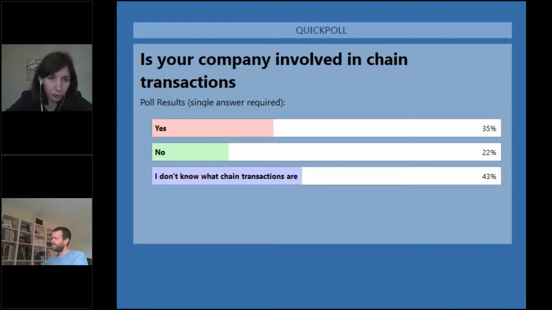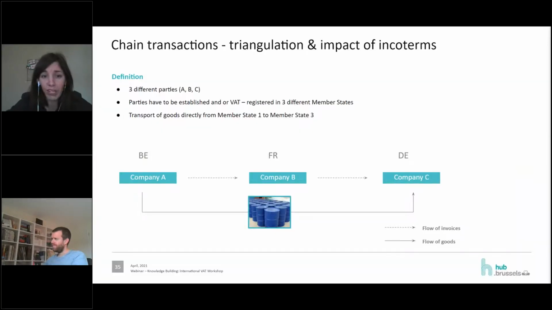Chain transactions refer to successive supplies of the same goods, which means that there are, in our example, 2, or it could be more, consecutive supplies, where the goods supplied are subject to one single intra-community transport between 2 member states.